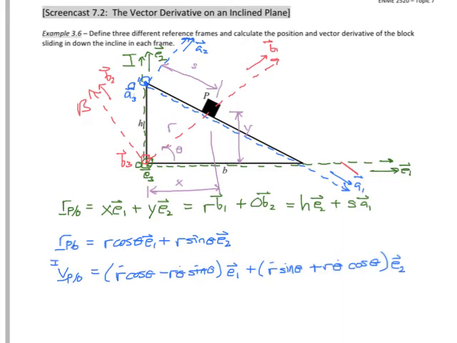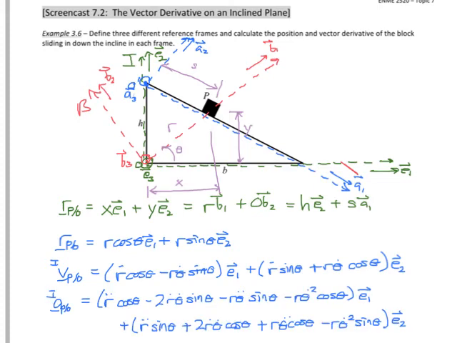To calculate the acceleration of P with respect to O, we take the time derivative of these scalars and keep the same basis, e1 and e2. You can see in particular with the expression for acceleration, although it's pretty easy to calculate, it really doesn't give us a lot of insight into how the block P is actually moving. So by choosing polar coordinates in this case, it doesn't give us a lot of insight into the motion and can actually be a little bit cumbersome to use.